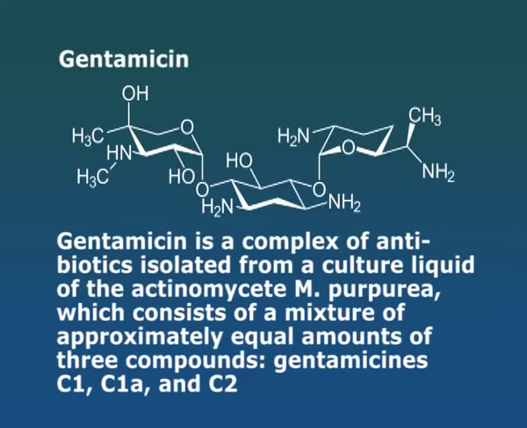Gentamicin. Gentamicin is a complex of antibiotics isolated from a culture liquid of the actinomycete Micromonospora purpurea, which consists of a mixture of approximately equal amounts of 3 compounds, gentamicins C1, C1a, and C2. Gentamicin has a broad spectrum of biological action and is highly active with respect to strains of staphylococci that are resistant to penicillins and other antibiotics, and many gram-negative microorganisms.